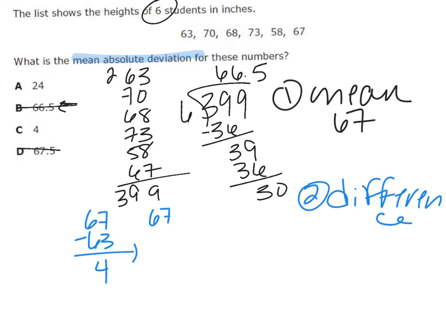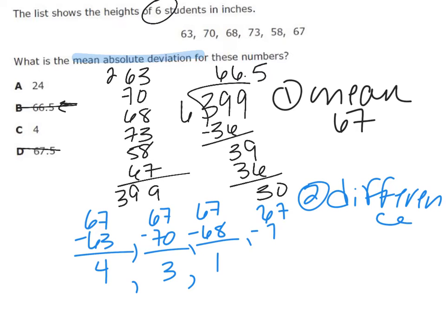So 67 minus 70, which I know is negative 3, but we're just going to call it 3 because we need the absolute value, the distance. 67 minus 68, again, I know that's negative 1, but we're just going to call it 1. And then 67 minus 73 is 6.